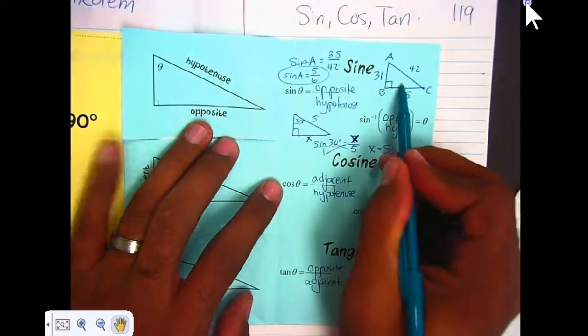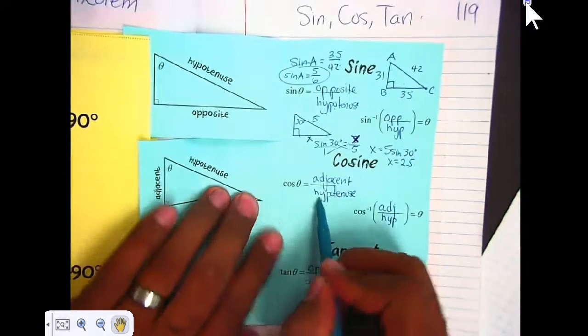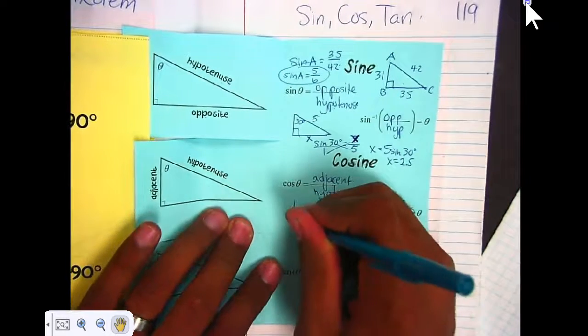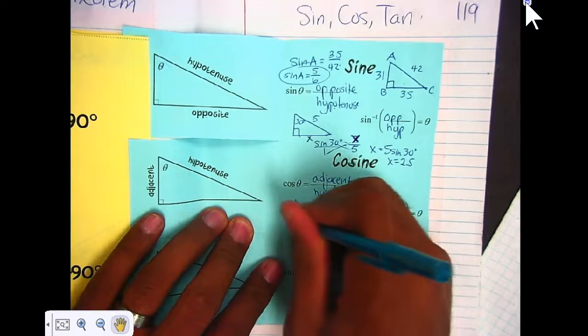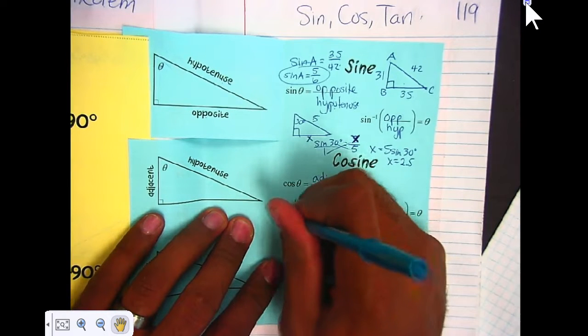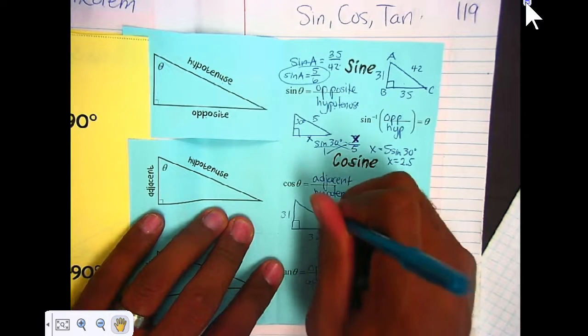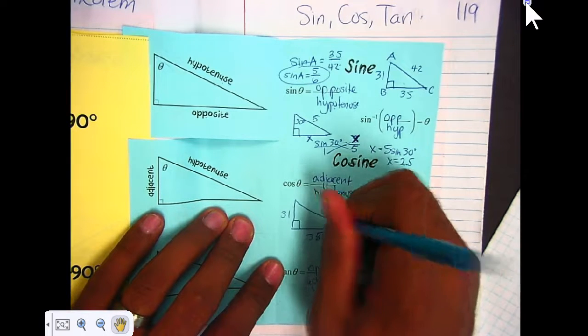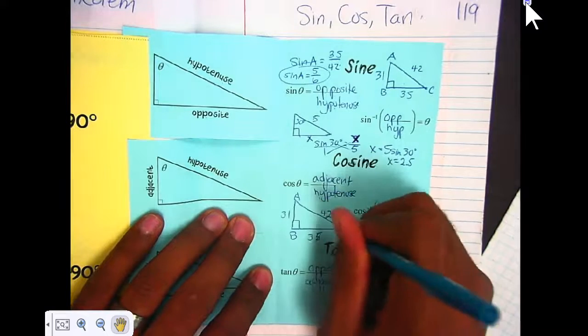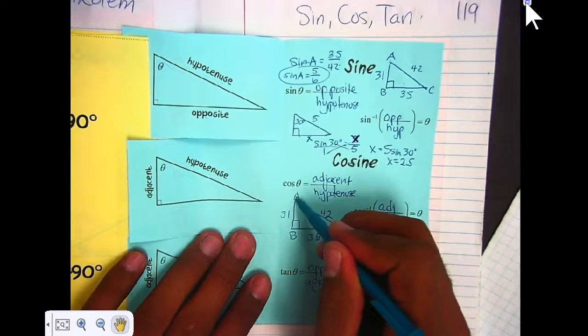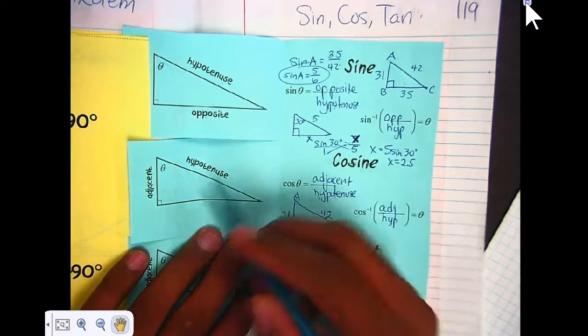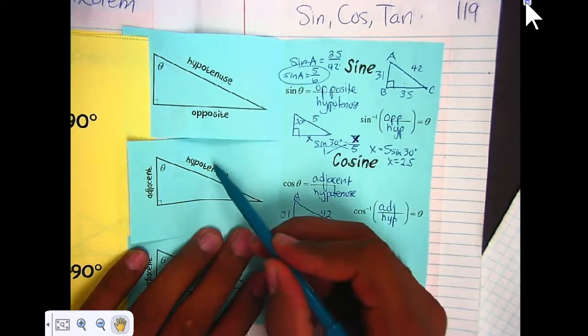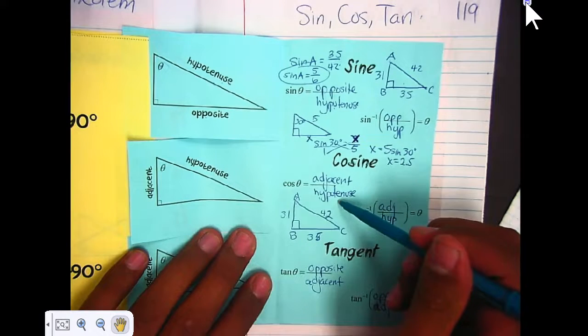Okay, now let's take that same triangle and apply it to cosine. What's the cosine of that same angle? 31, 35, and 42, A, B, C. Now the cosine of this angle is the adjacent over the hypotenuse.